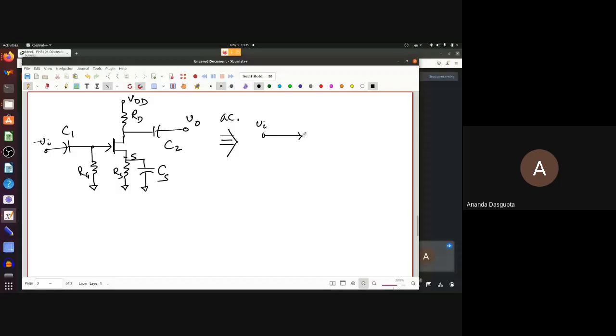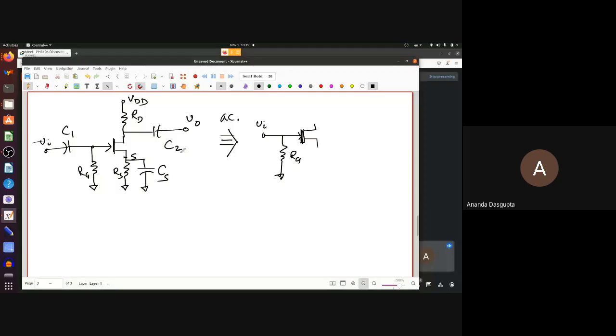Now, the AC equivalent, this will be, well, you have VI here. Here I'm saying AC equivalent, I'm not replacing the FET with its equivalent circuit yet. So you'll have RG connected to the ground. This is the only change here, the capacitor has been shorted out.